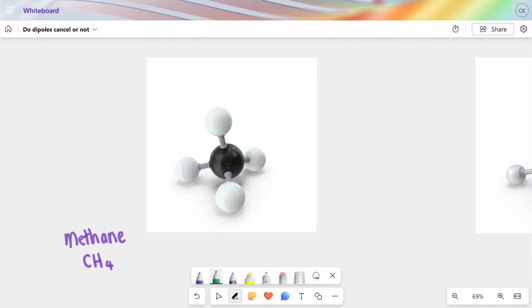Here I've got methane. It's made of one carbon atom in the middle and 4 hydrogen atoms around the outside. These are all hydrogens here, and the carbon is in the middle. Now if we look at the periodic table, hydrogen sits over here on the top left and carbon sits at around about there on the periodic table, much further right.